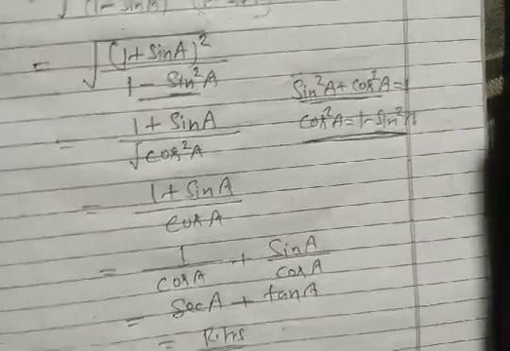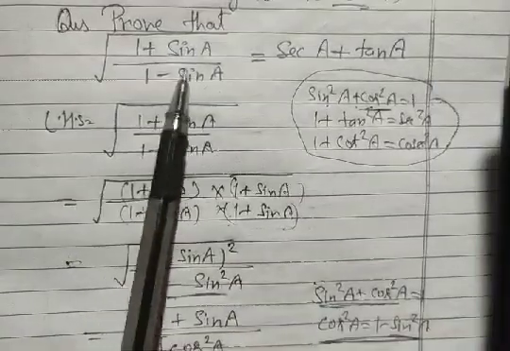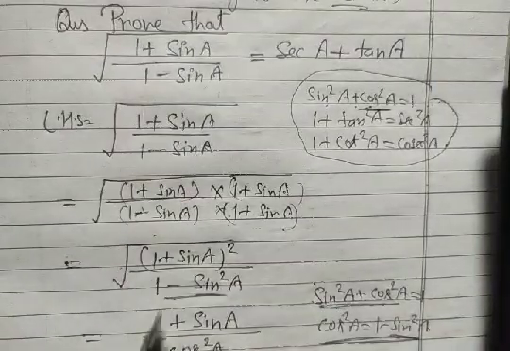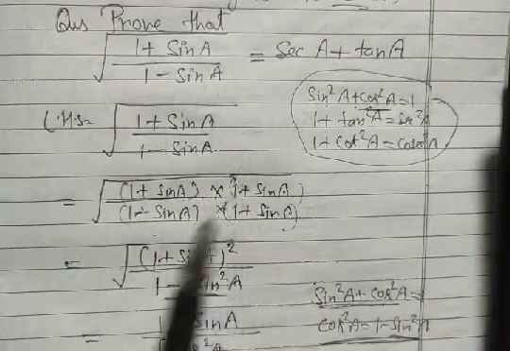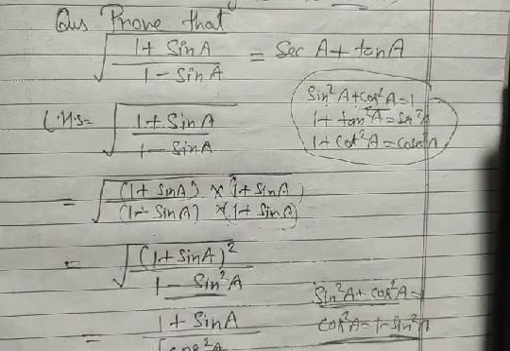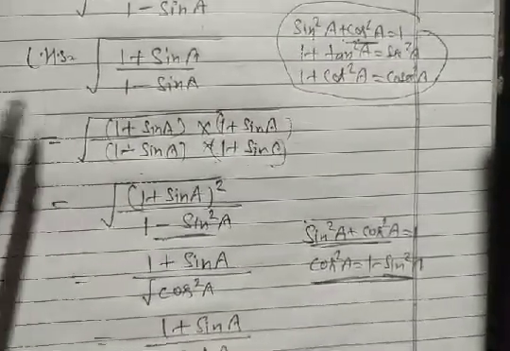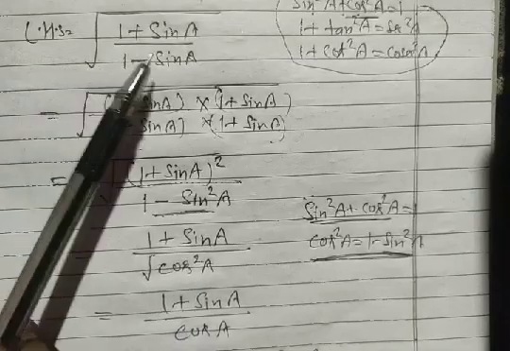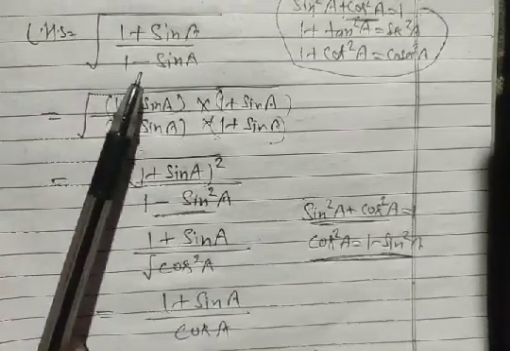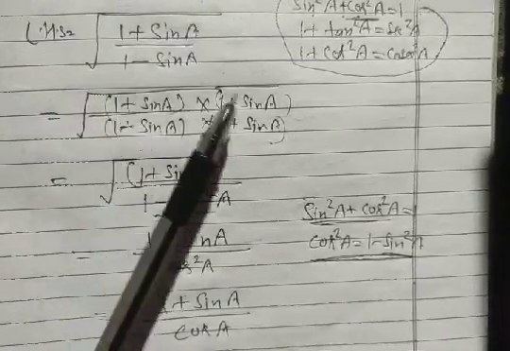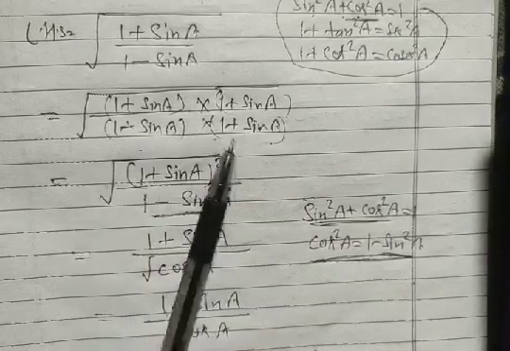Again I am going to revise this. We have the problem: under root 1 plus sin a upon 1 minus sin a, and we have to prove that it's equal to sec a plus tan a. We took our left hand side and rationalized our denominator. Since we have 1 minus sin a, we multiply numerator and denominator both by 1 plus sin a.